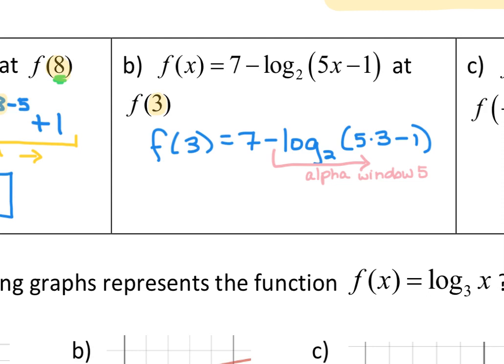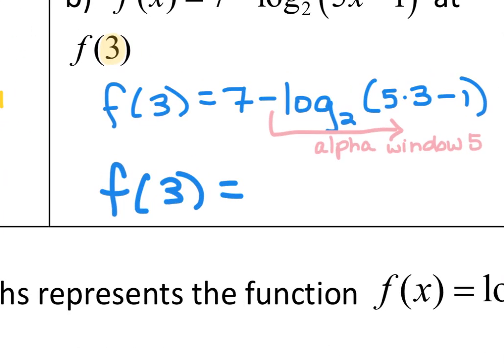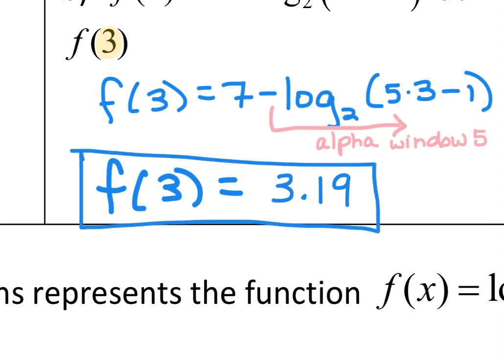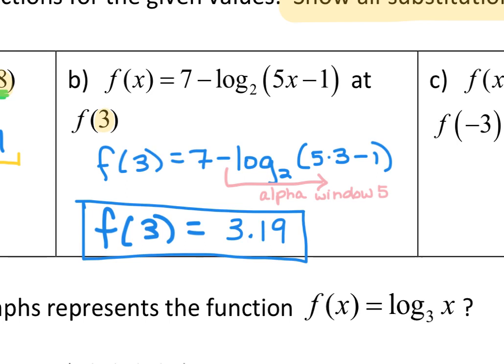Do not just use the log button because it assumes log base 10 and this is log base 2. So when you type all of that in, you should get f of 3 equals, and then I get a big long decimal number with a lot of digits, 3.192645. And so you're going to round it to 2 decimal places, 3.19. The next digit is a 2, so you leave the 19 the way they are. And so that's letter B.